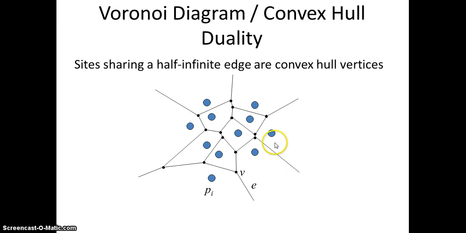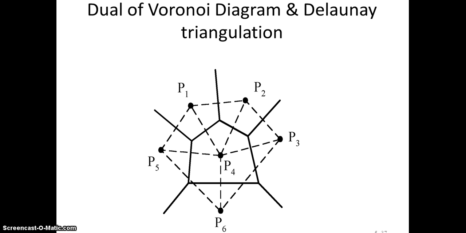These sides which are outside and sharing the half infinite edges can be connected to each other and they will result in a convex hull like this. There is another duality: if we connect all the Voronoi sides, it will result in a Delaunay triangulation, which is another very good concept of the nearest neighbor problem.